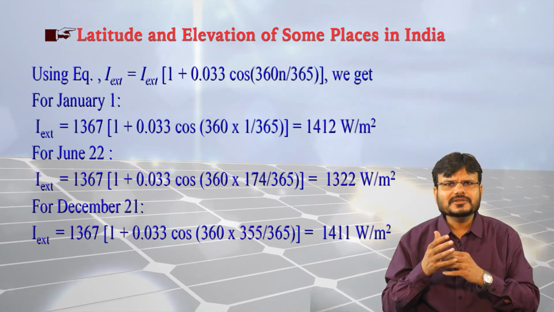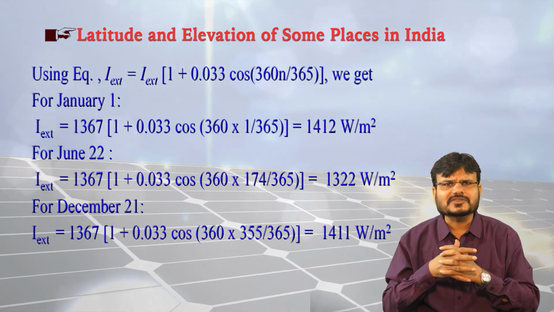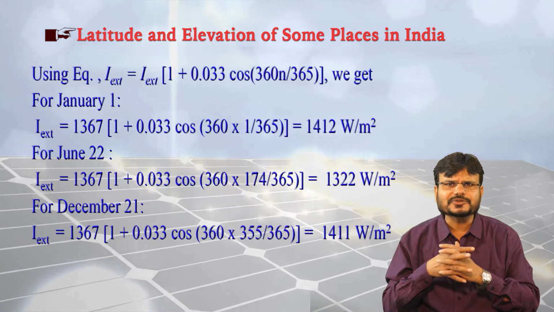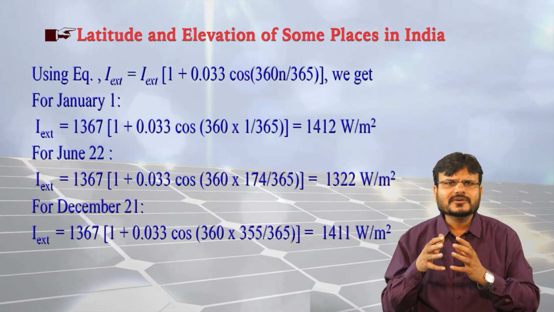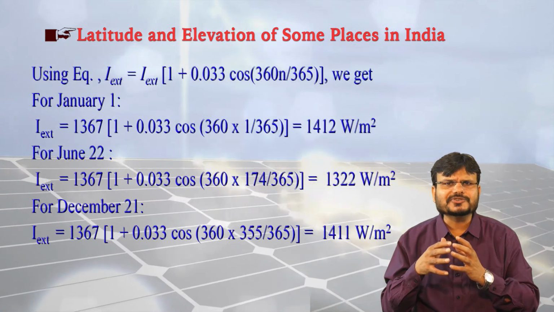So using the equation I_EXT is equal to I_SC times 1 plus 0.033 cos 360 n upon 365, we get the value of I_EXT for January 1.